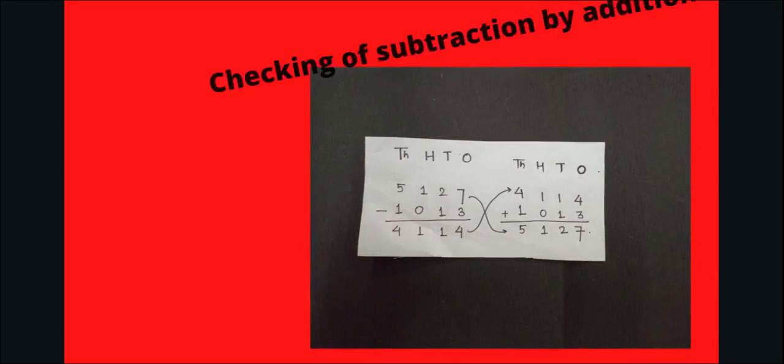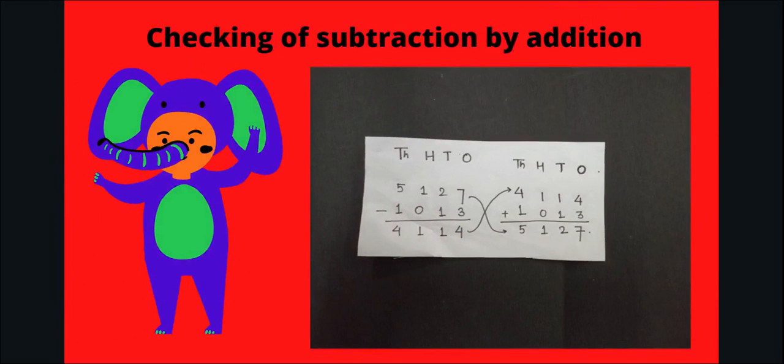Now we see next example. This is another borrowing subtraction. Also we can solve by the same process. This is the borrowing subtraction of 6-digit numbers. Children, hope it was clear to you.